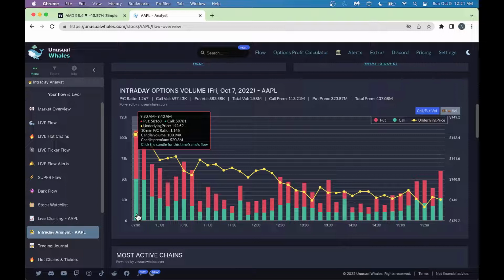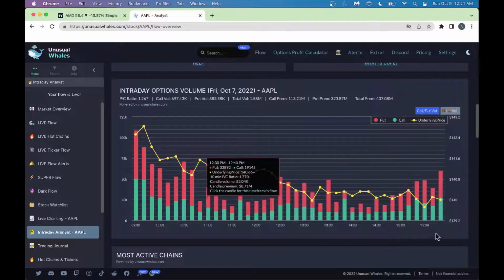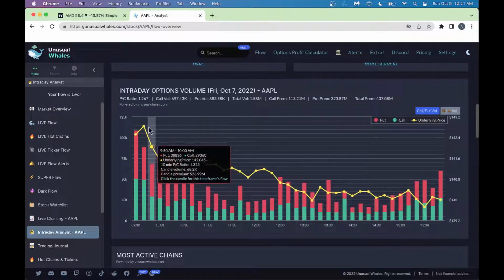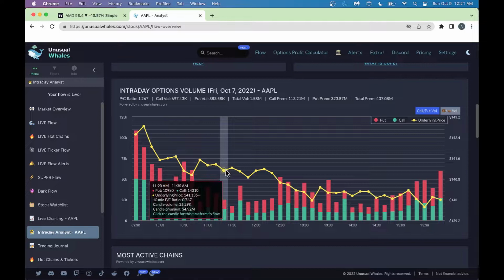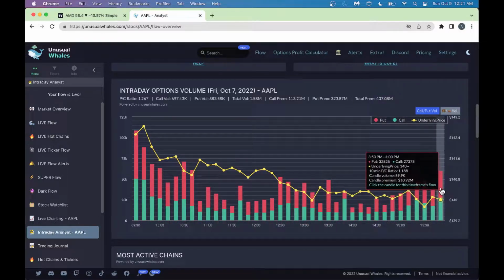As time goes by, look, toward the end of the day, we got nice put option volume. Folks are more bearish. We got calls also, but more put options, as you can see here. It gives a good idea what's going on. We got a nice stock chart here with the yellow line. Stock is coming down. Obviously there will be more put options. That's what's going on here.